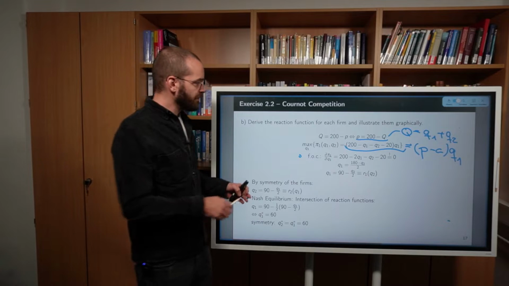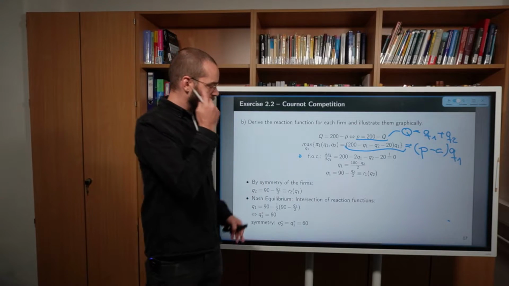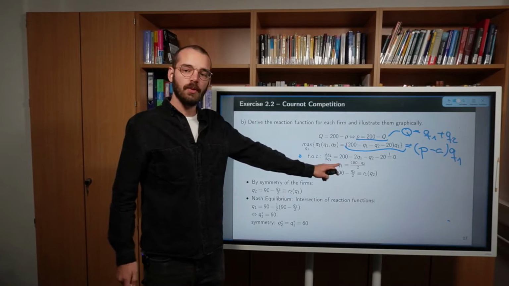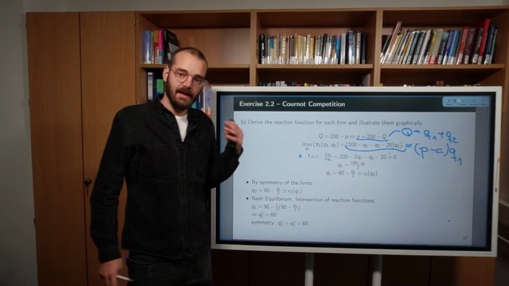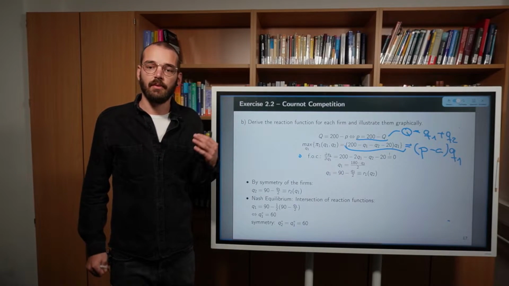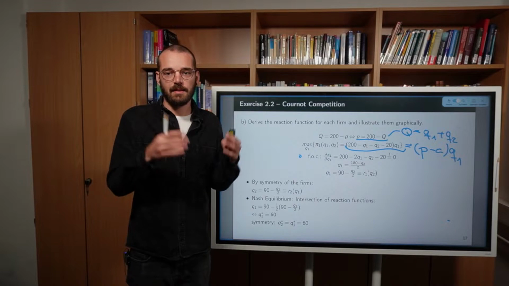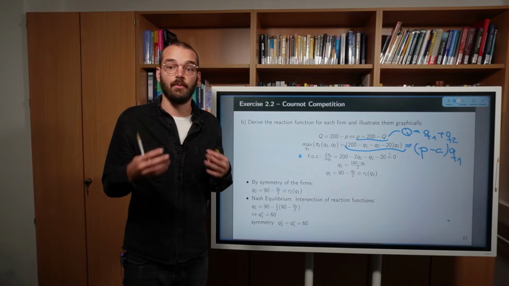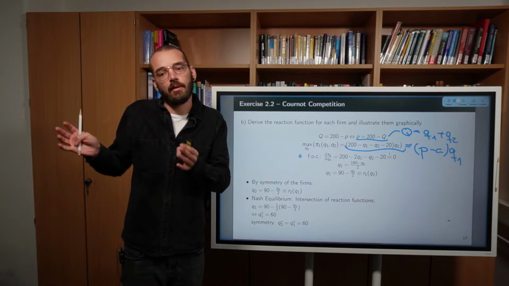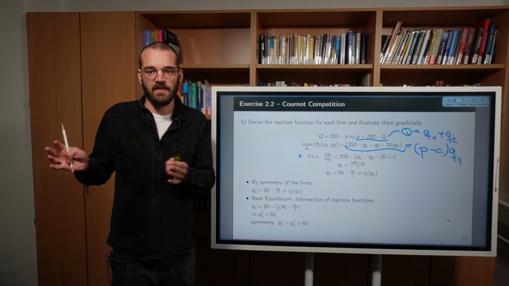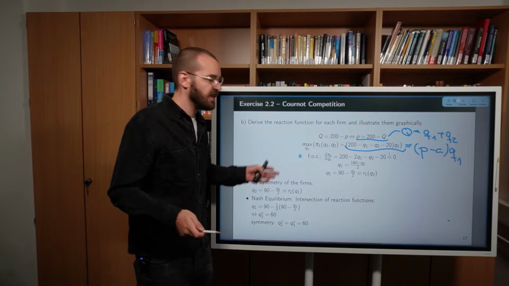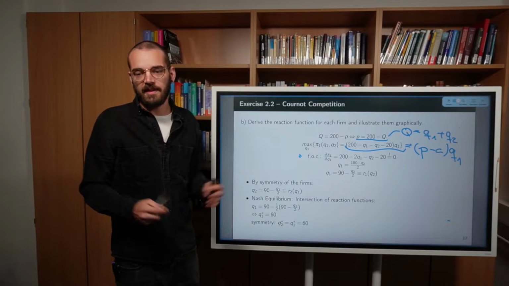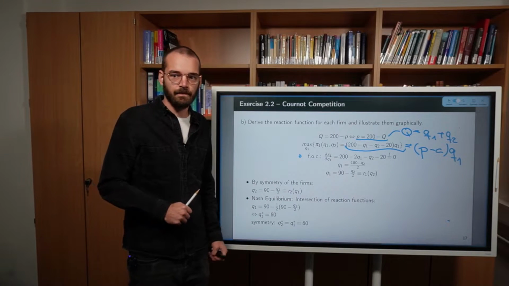We can then solve this first order condition for Q1, again keeping in mind that what we are looking for is a function that provides the profit maximizing quantity of firm 1 as a function of all other model parameters. In this specific case, all other model parameters is simply the quantity Q2.